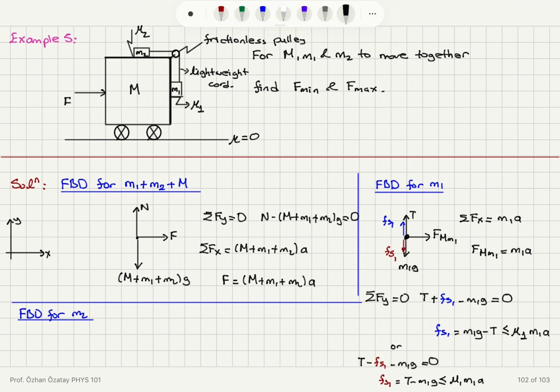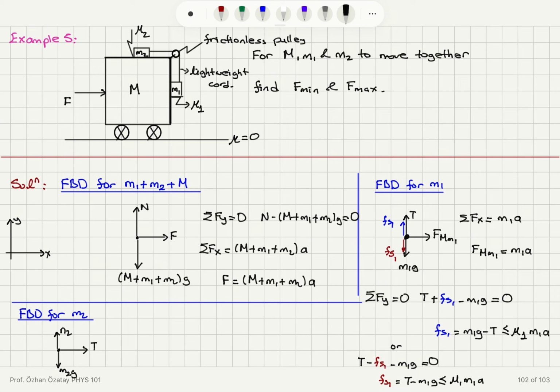Okay. Now, if I go to the free body diagram for M2, I have the weight of M2 pointing down, M2G. It feels the normal force N2 due to capital M, so N2 is pointing up. It's going to feel a tension to the right, T to the right. Now I have to consider two scenarios for static friction.